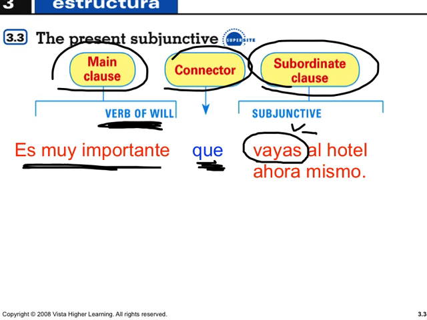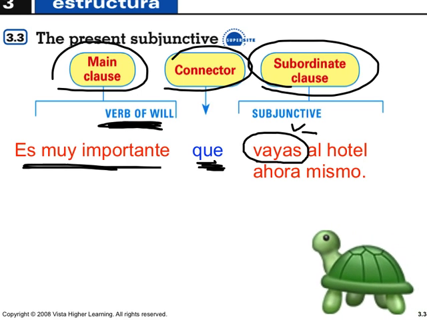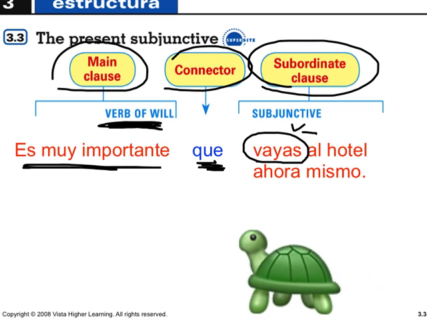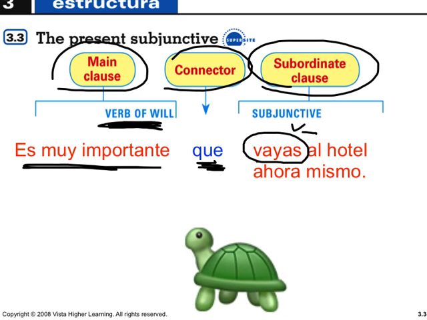This is subjunctive because it's unknown whether or not you're going to go. Just because it's important that you do doesn't mean you are. You don't know, I don't know, no one knows. The future is a mist. That's how we set up the subjunctive. So we have the main clause, we have the connector, and then we have the subordinate clause.